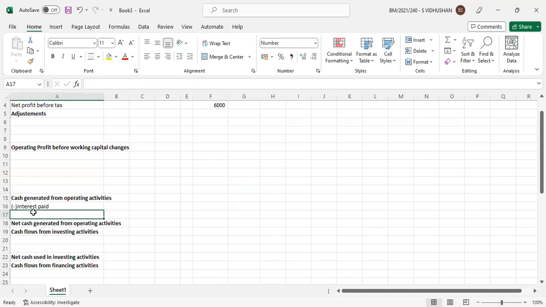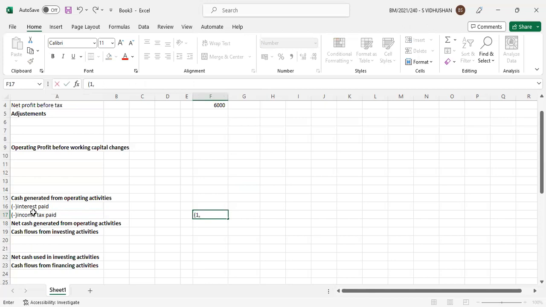Income tax paid. It's a cash outflow, so you need to deduct it. Then we'll come to the next adjustment.